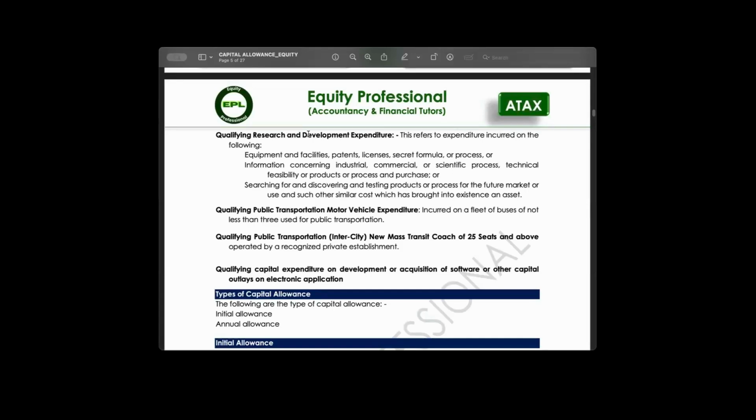This last one was introduced in 2019 by Finance Act. Virtually all these other ones that you are seeing here have been there since 1993.